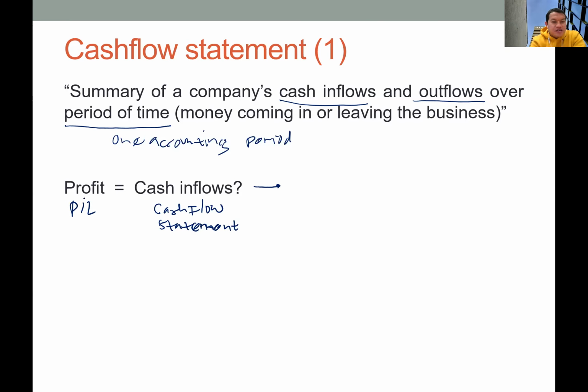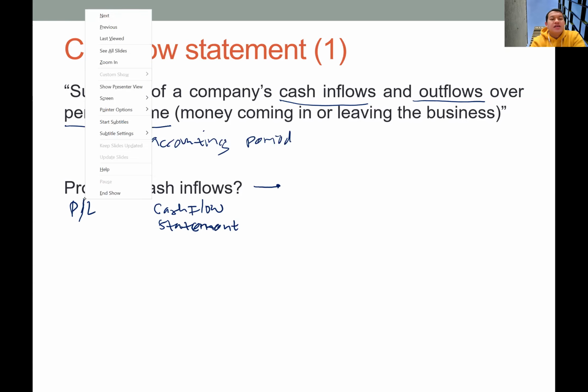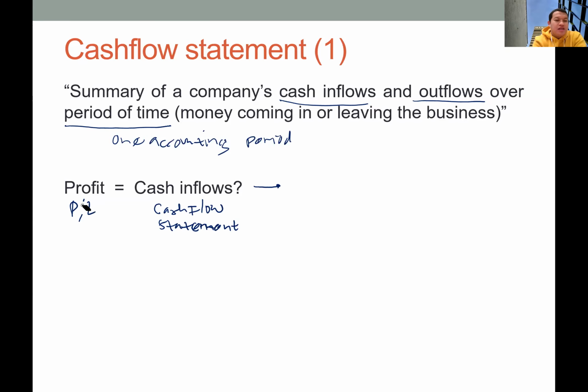In general, the profit will never be equal with the cash inflow. Why? Because we have a concept called accrual. We have accruals in the profit or loss, but we don't have this accrual in the cash inflow or outflows.